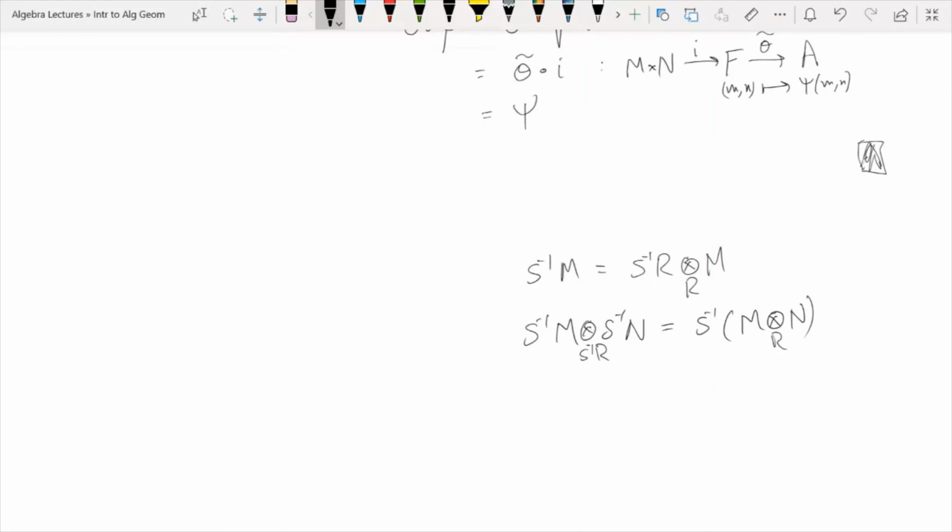So this is S inverse R tensor over R of M tensor over R N. I'll have to list down a bunch of other properties which we will do next class anyway. Then we can discuss this. Yeah, for sure.